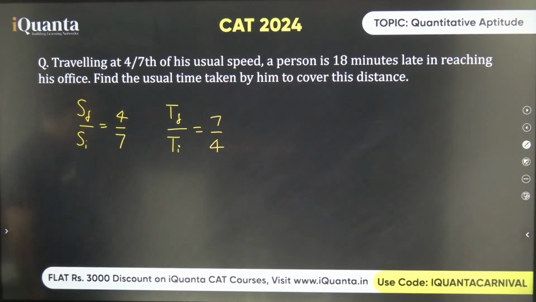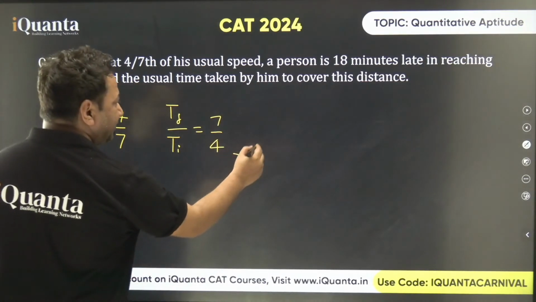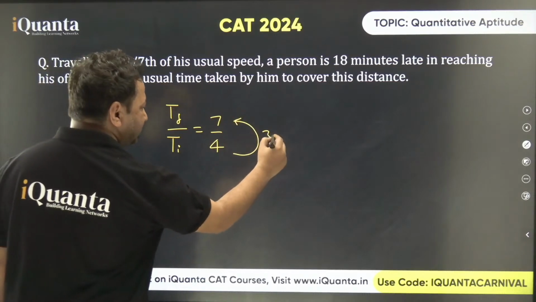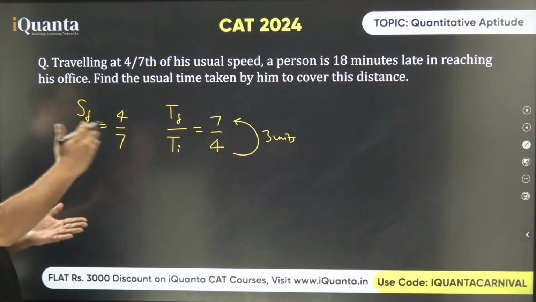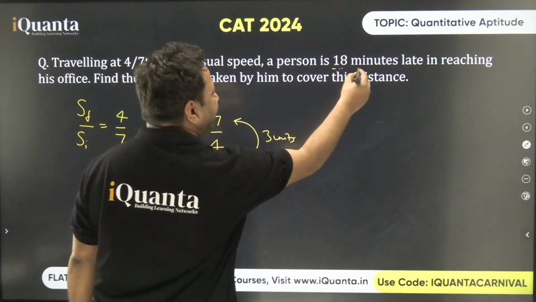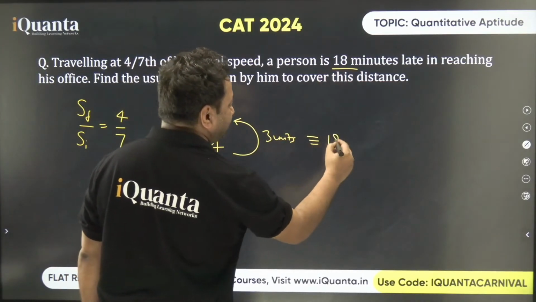Alright, final time has increased by 3 units in terms of ratios, which are equivalent to 18 minutes in the real world.